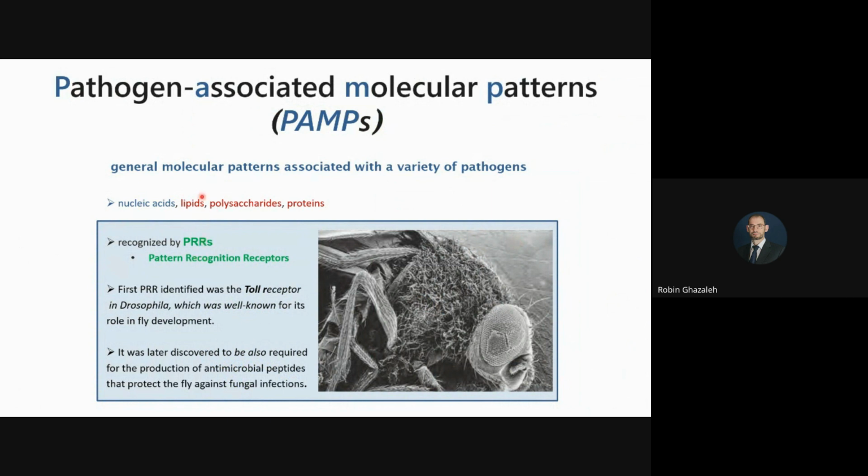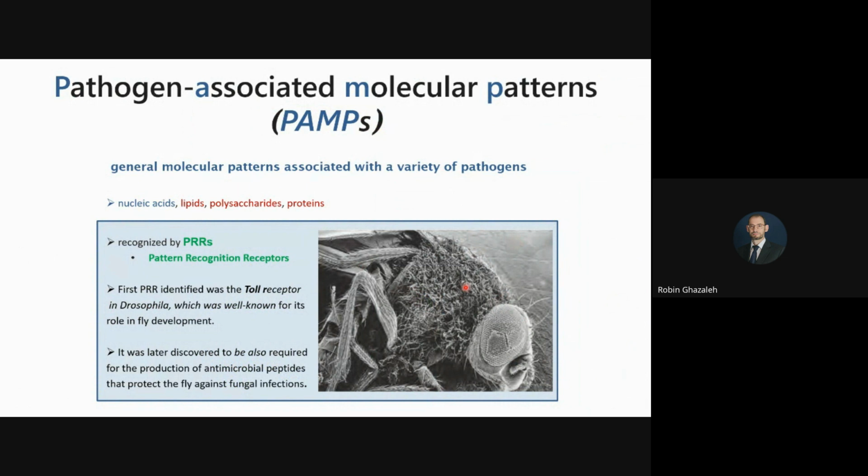These were actually first recognized by mistake or by chance. The first pathogen recognition receptor was called the Toll receptor, and it was recognized by studies of Drosophila genetics. If you look in a textbook of developmental biology, it'll talk at length about the role of the Toll receptor in setting up and controlling signaling gradients within the developing fly embryo.